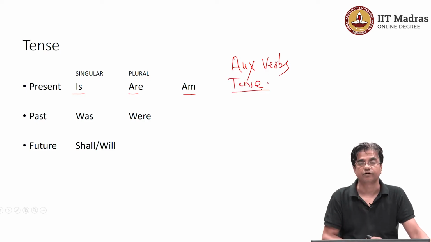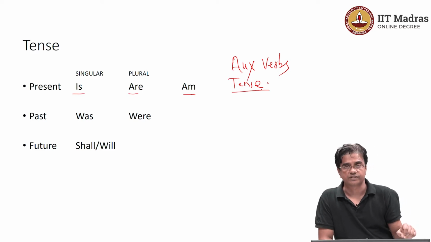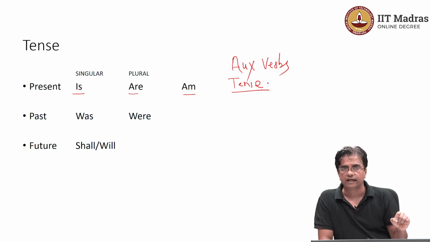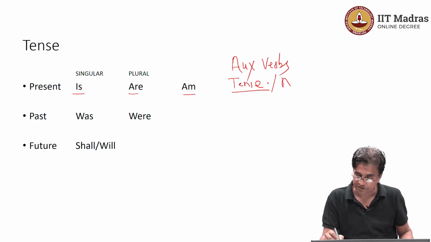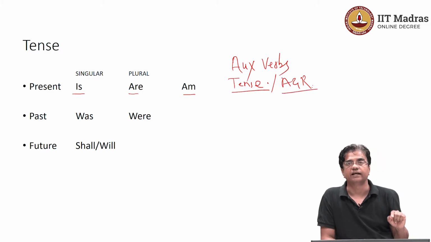Take my word and check it for yourself. What is it that they are doing and what are the things that they tell us? They also tell us agreement information, and basically, originally, they are tense markers by themselves.